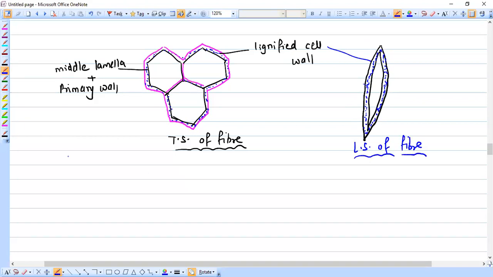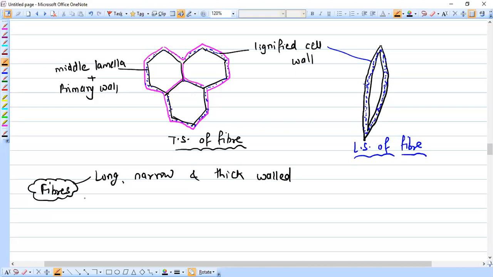Let's talk now about fibers, and then we can discuss sclerids. Sclerenchyma includes two things, fibers and sclerids. When we talk about fibers, these are long, narrow, and most importantly, thick walled. The cells are pointed at both ends.